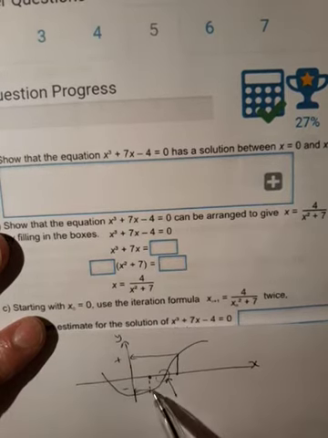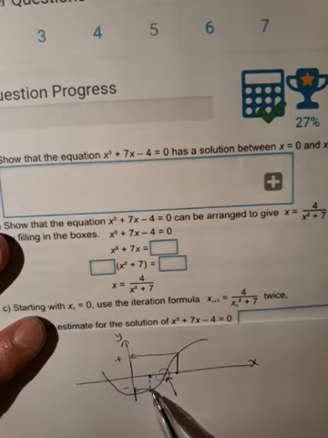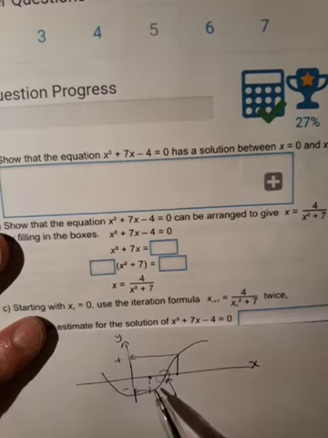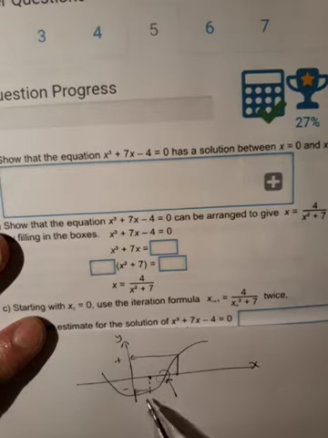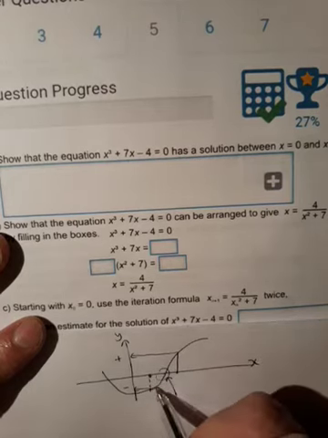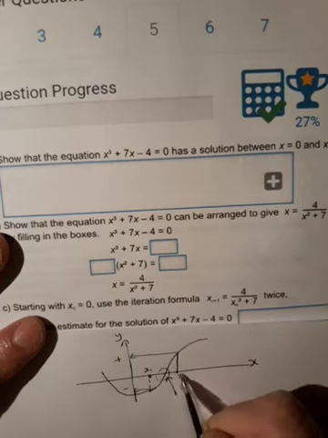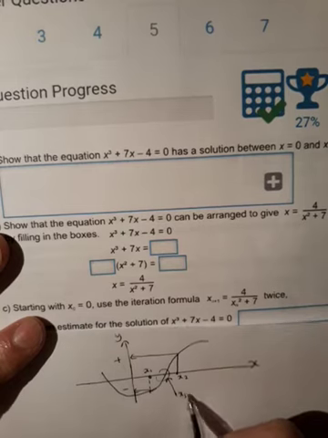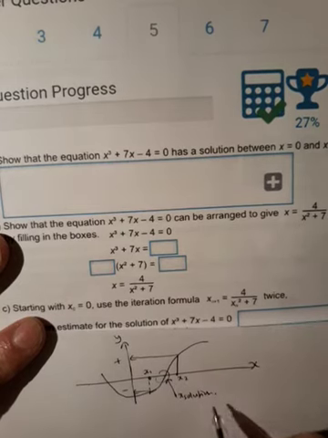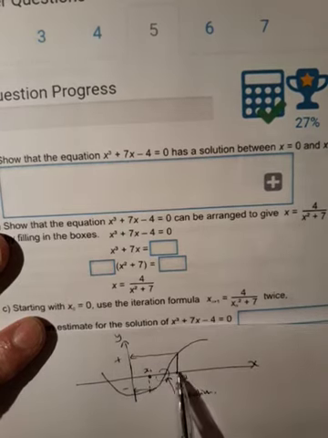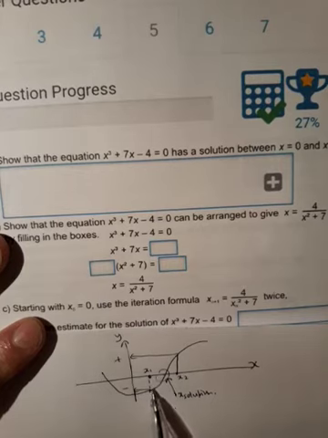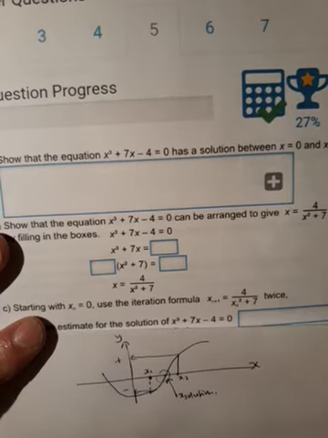So all I need to do to show that a root lies between two values is to substitute those two values in, and if I get one positive and one negative, then somewhere between x1 and x2, the solution, that graph must have crossed through 0. And that's the process we use here.